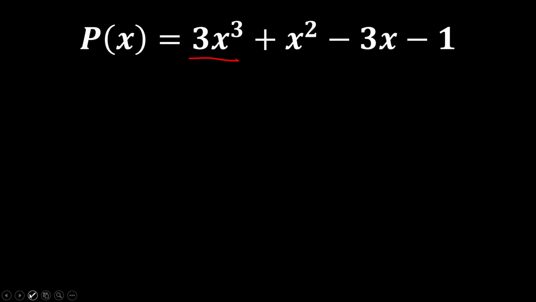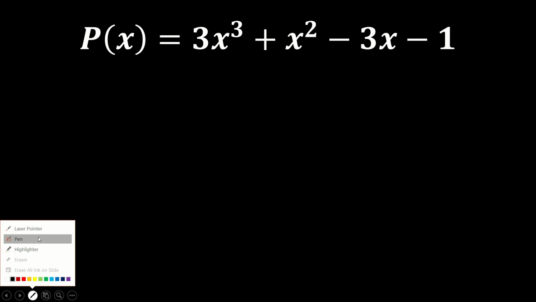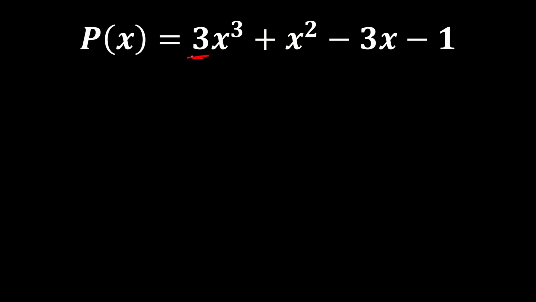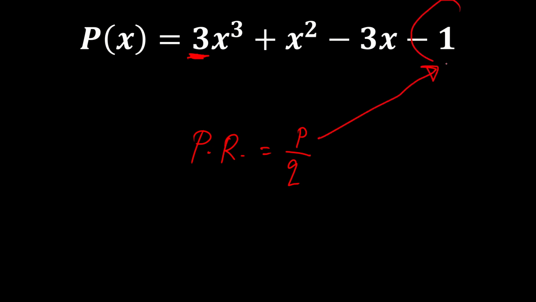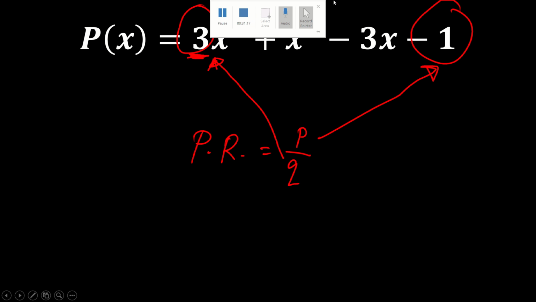Pero, kung ang given na function sa inyo ay may number sa unahan, katulad nito, ano ang leading coefficient natin? Di ba, meron tayong number dito which is 3. So, dyan papasok si rational zero theorem na ang possible roots ay galing sa bawat factors ng P na dini-divide sa bawat factors ng Q, wherein P ay factors ni constant term at si Q ay factors ni leading coefficient.